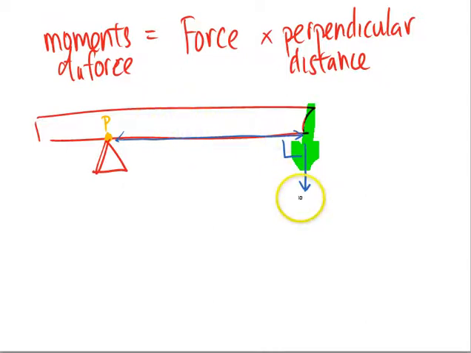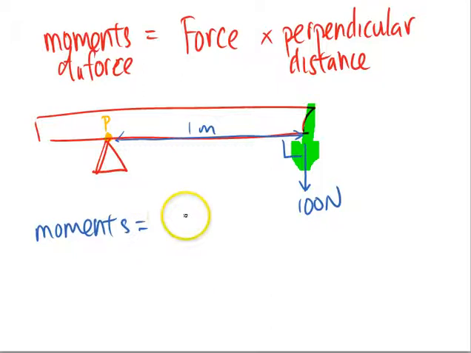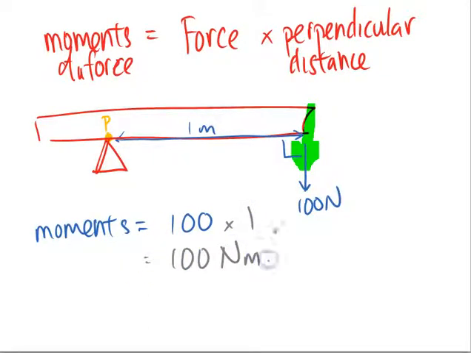Let's say the force is 100 newtons and this distance is 1 meter. So how do we calculate the moment? The moment equals force, which is 100, multiplied by 1. So the moment is 100 newton meter. But because it's a vector, you must state the direction. So it's 100 newton meter clockwise.